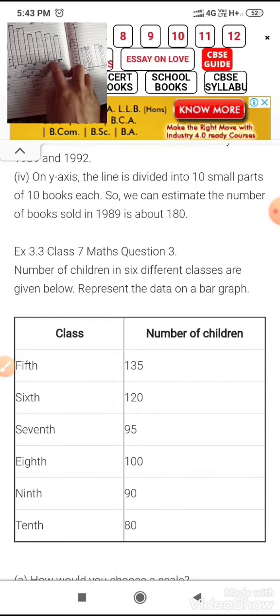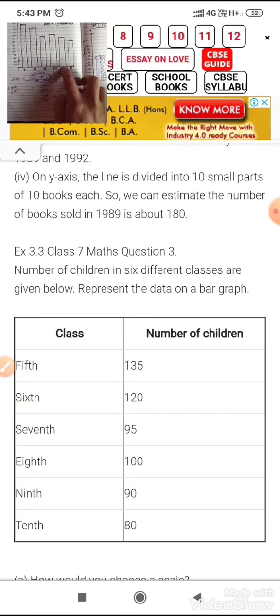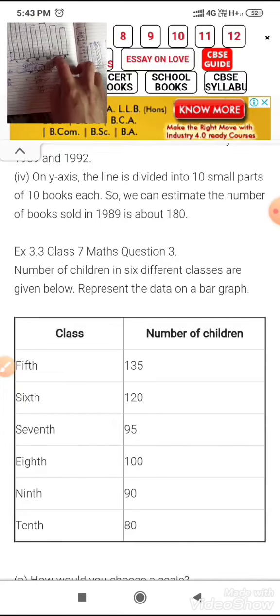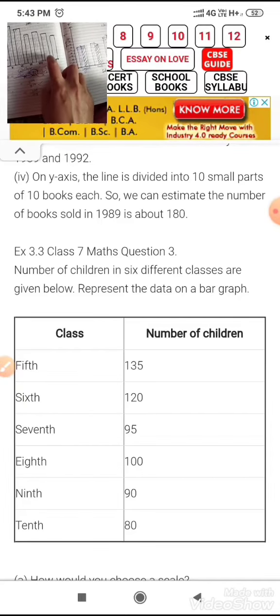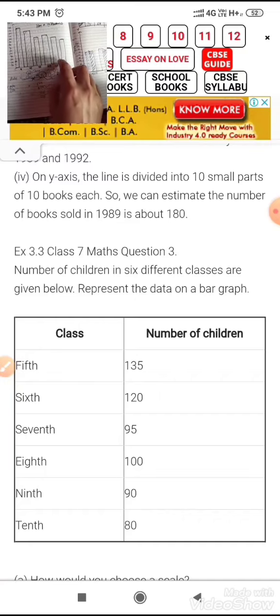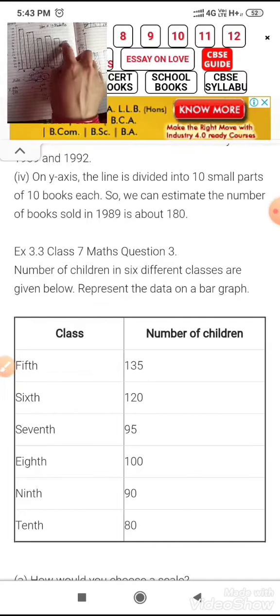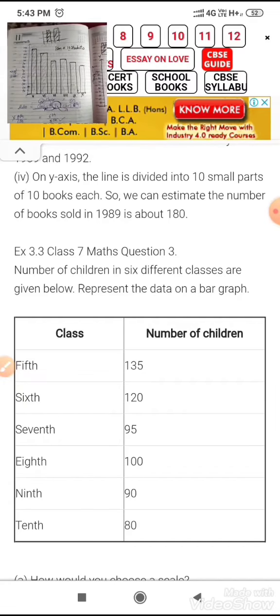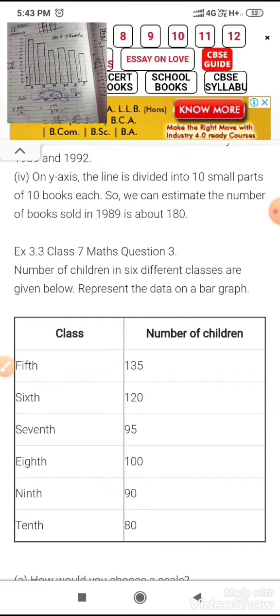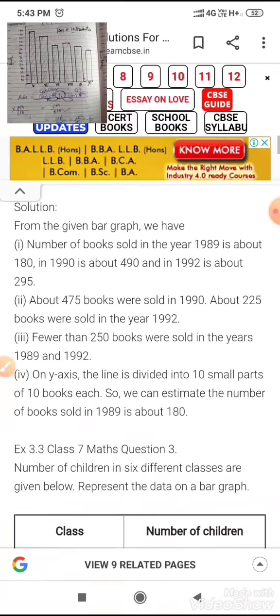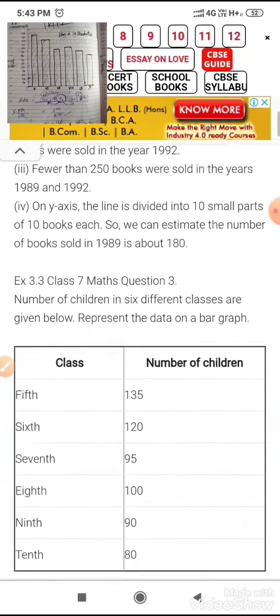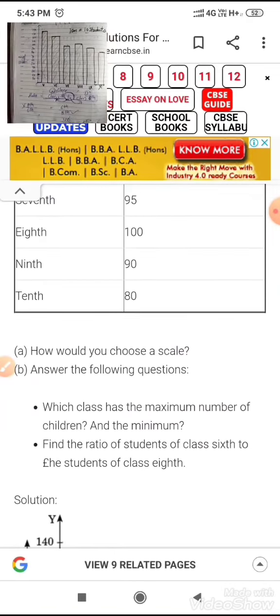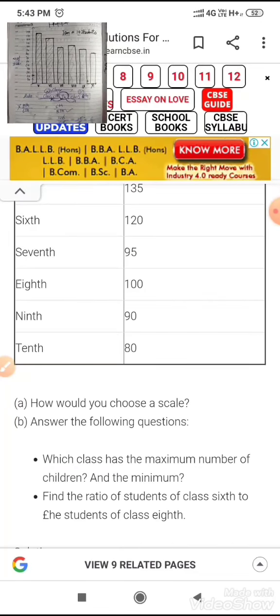In 9th class 90 students, and in 10th class 80 students. So we plot graphs for these two classes up to 90 and 80. In this way we can plot the graph for question number 3. Now after this we have to answer some questions.